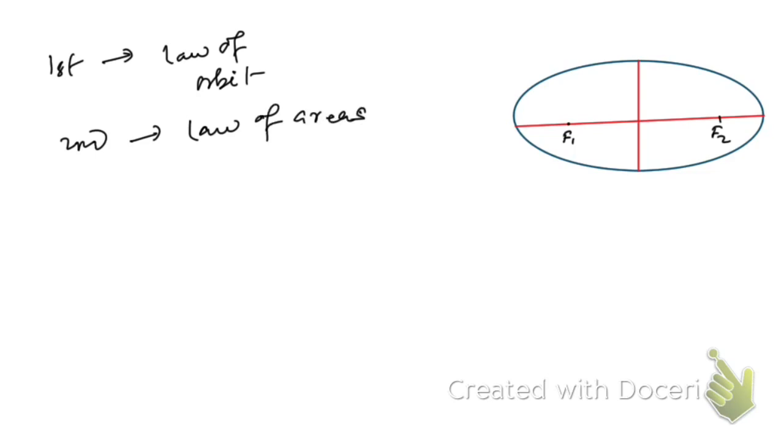Instead of writing first, second and third law, it will be better if you write this, and instead of third law you can write law of period. So now let me explain the third law, or law of period.